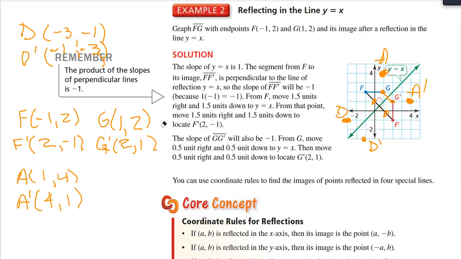Negative 3, negative 1 became negative 1, negative 3. 1, 4 became 4, 1. 1, 2 became 2, 1. Negative 1, 2 became 2, negative 1. I know you guys can explain the little pattern here. I'm not going to say it. I'm going to wait for somebody else.